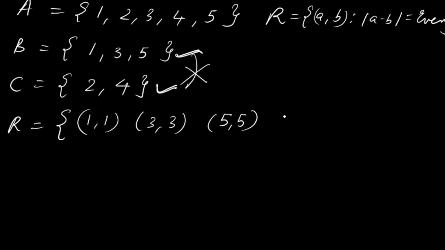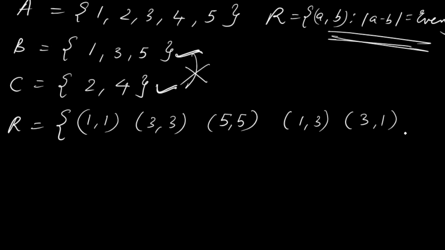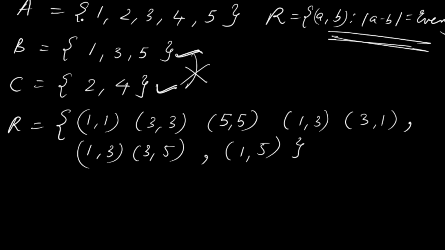Then I can choose (1, 3) and (3, 1). All these ordered pairs satisfy this. Then I can choose (1, 5), and also (5, 1) and (5, 3).